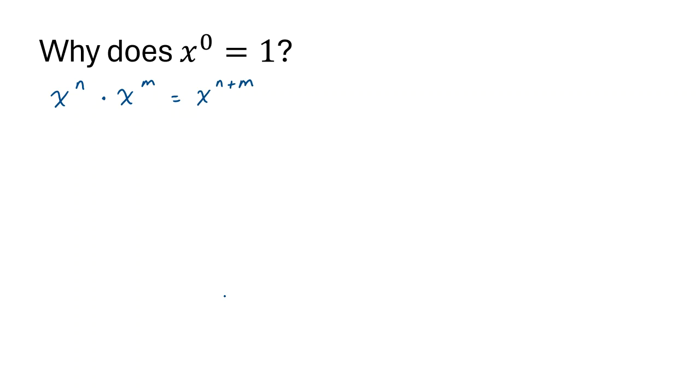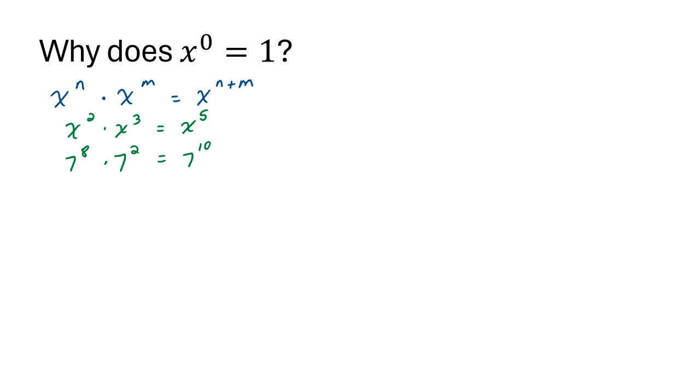So for example, if I have x to the 2nd times x to the 3rd, that's x to the 5th. If I have 7 to the 8th times 7 squared, that's going to end up being equivalent to 7 to the 10th.